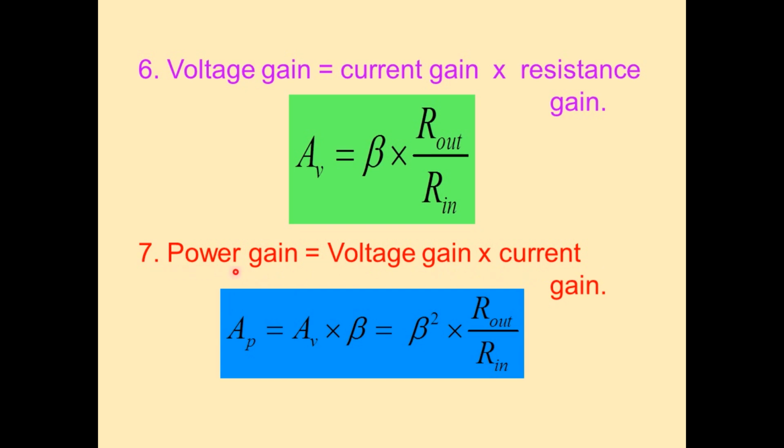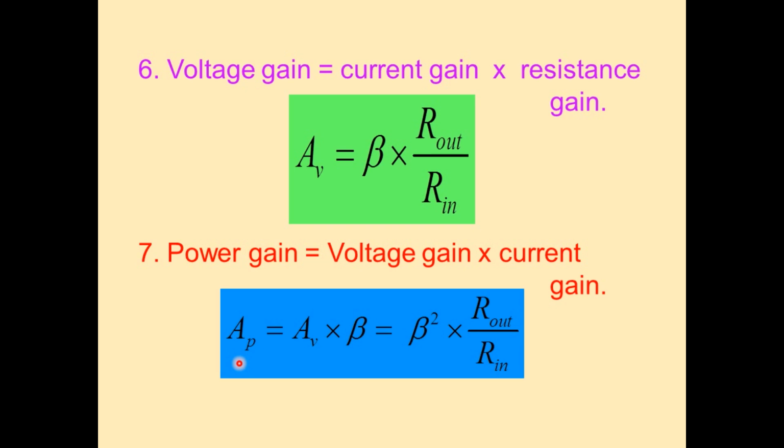Yeah, we know that power equal to V into current I. From that formula, we can write the power gain of a transistor equal to voltage gain into current gain. The product of voltage gain and current gain of a transistor is mathematically equal to power gain of the transistor.